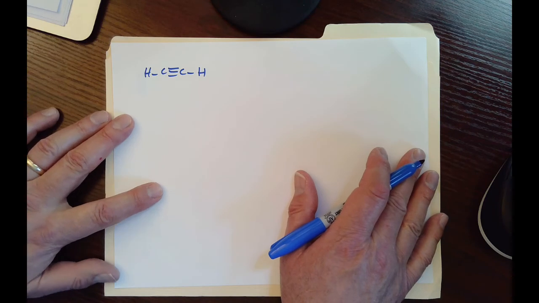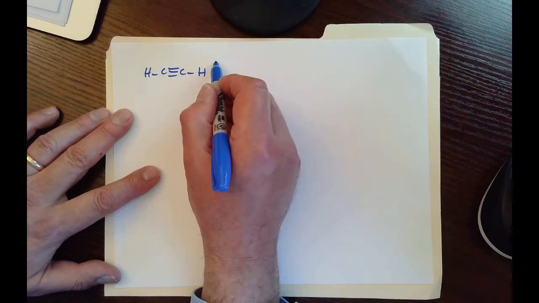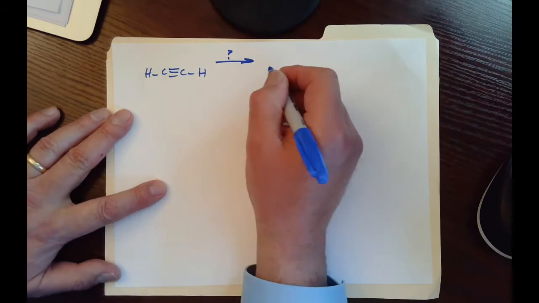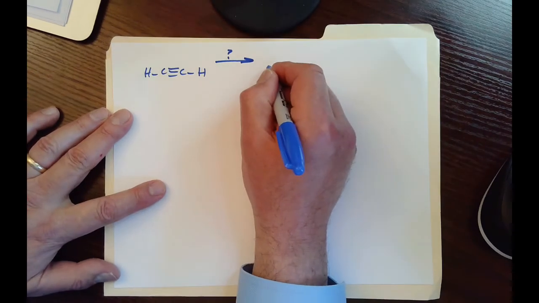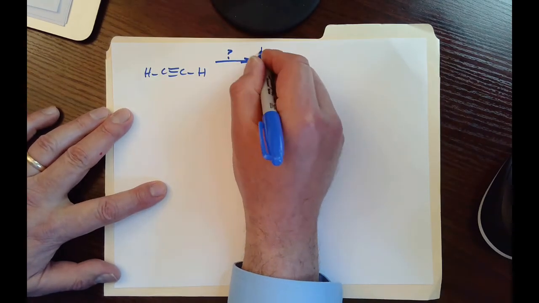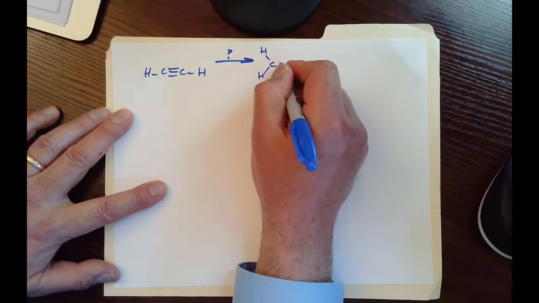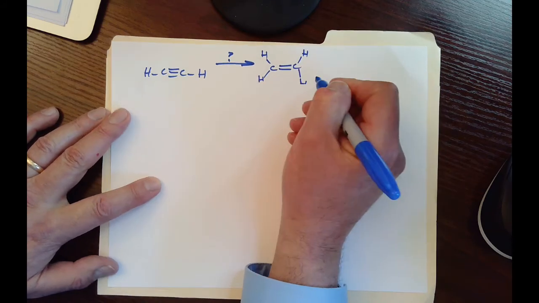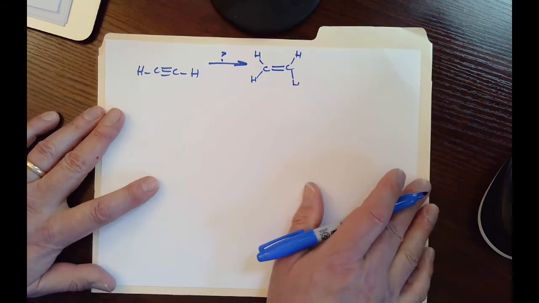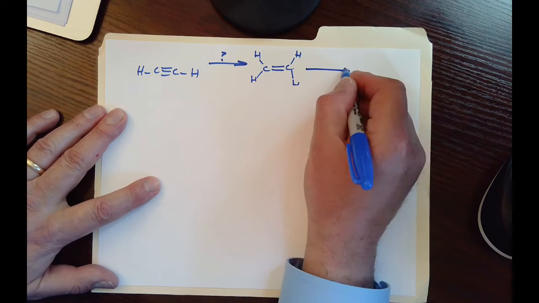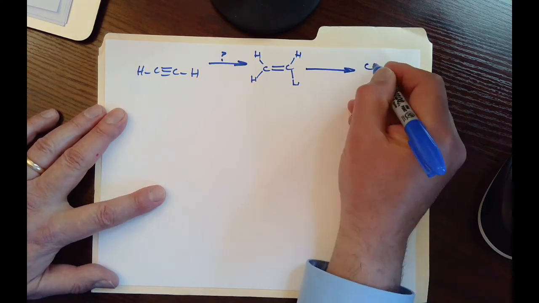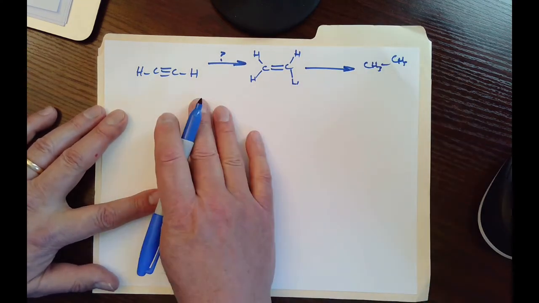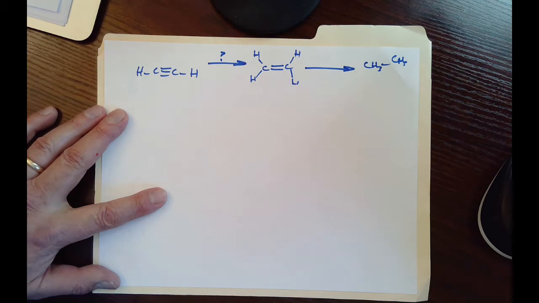Reagent-wise, what we need to add to this to make ethene, which is CH2=CH2. And what we're going to do with ethene to make ethane, CH3CH3. So this is the top of the list, right?